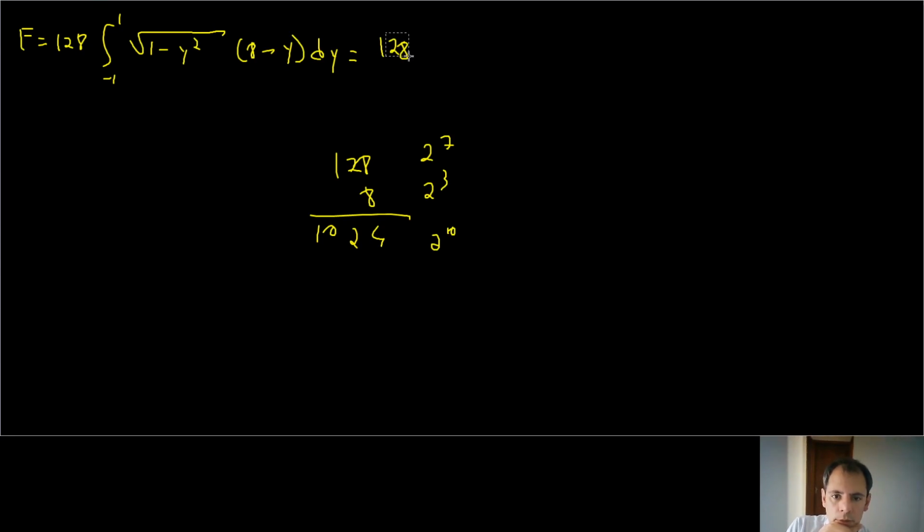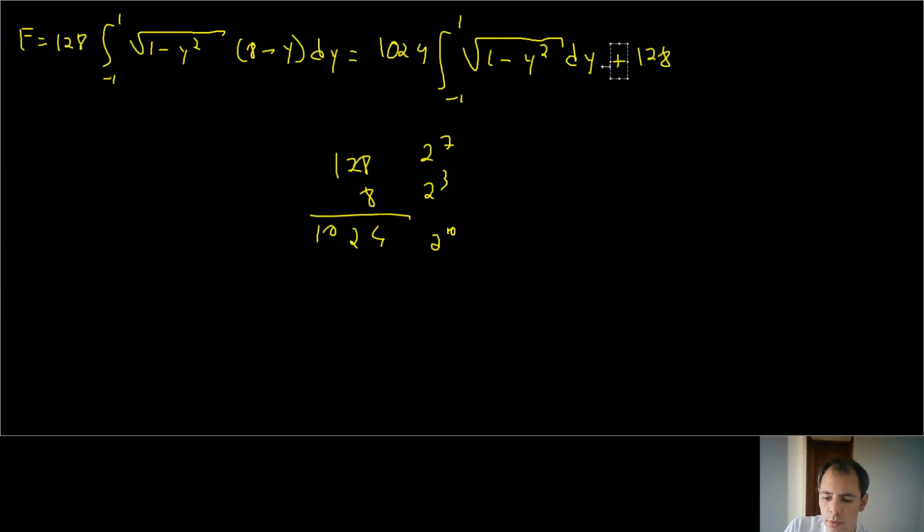So 1024 times the integral from minus 1 to 1 of the square root of 1 minus y squared dy, plus, and now it's going to be 128 times, well, it'll be a minus y, so I'm just going to put it over here.